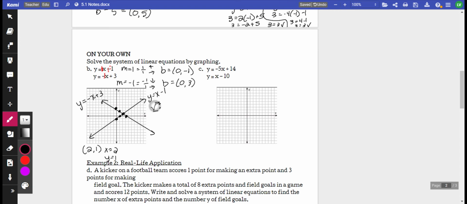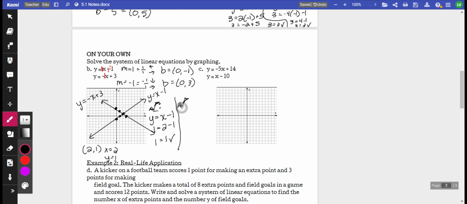And then we're going to do a little bit of check. Okay. So equation 1, y equals x minus 1. So 1 equals 2 minus 1, 1 equals 1, check yes. So far that solution works for the first equation.